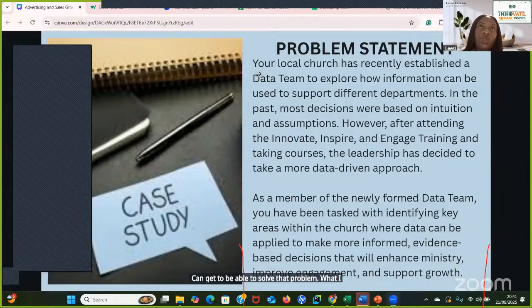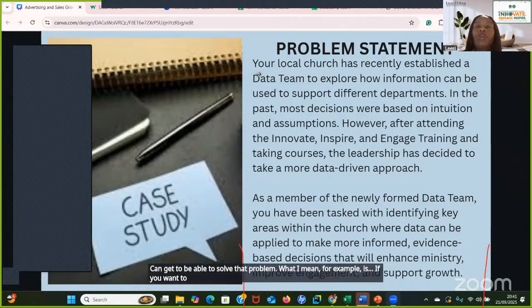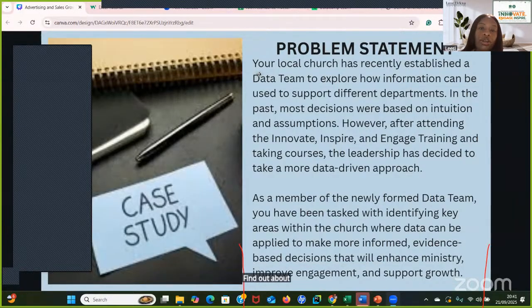What I mean, for example, is if you want to find out about tithe and offering, to be able to understand how the trends of tithe and offering have been for the past 10 years, and you have that data, what are the points you will consider when you want to solve a problem of tithe and offering decline? You would consider members in the church.